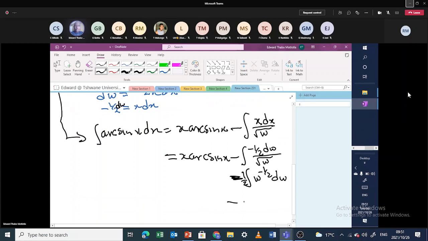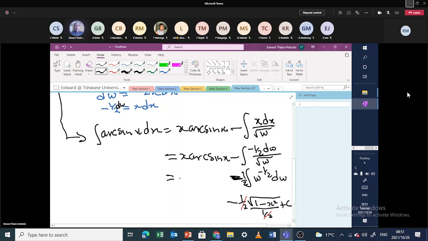So integrating again, if you add 1, it's going to be the square root of 1 minus x squared over half, and here we have half, so half and half cancel out, so this will be plus c here. That's where my answer will end.